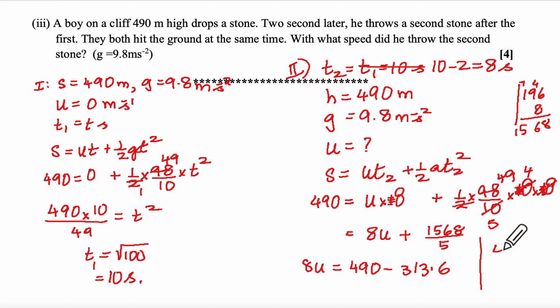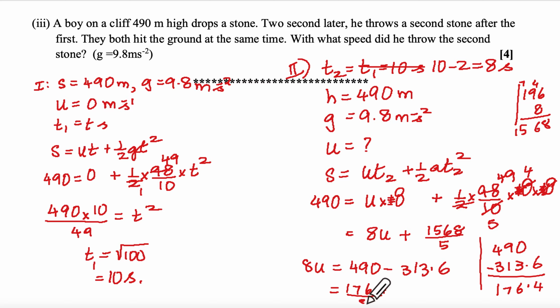Because the silliest mistakes we make like this only. The easier the topic, the more silly mistakes. So 490 minus 313.6 is 176.4.